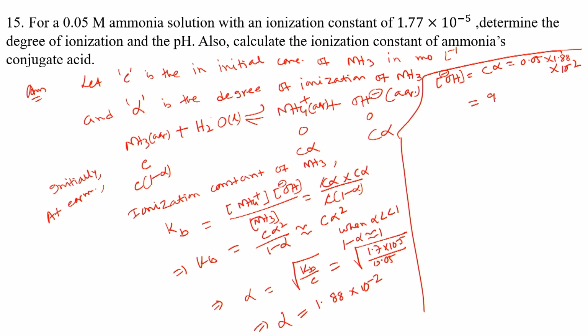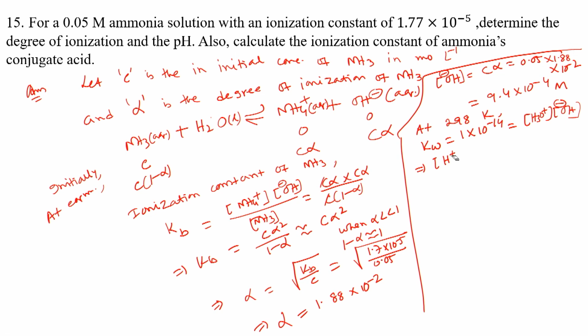If we calculate this, we get 9.4 times 10 to the minus 4 molar, right? So at 298 K, again we know Kw is 1 times 10 to the minus 14, equal to the concentration of H plus times the concentration of OH minus. So the concentration of H plus, or H3O plus, instead of H plus we can write H3O plus.